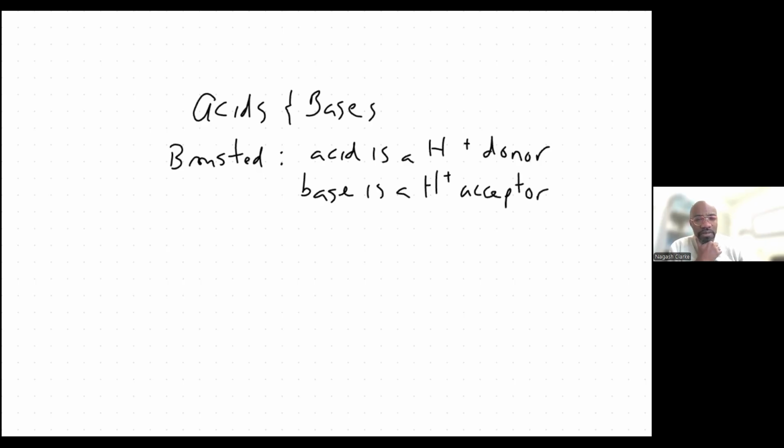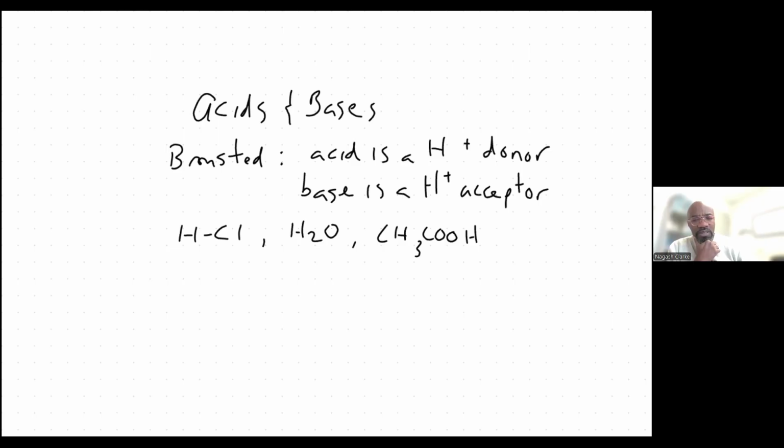Think of HCl. Water can actually be an acid or a base. You think of vinegar.